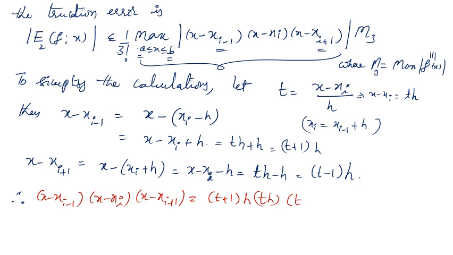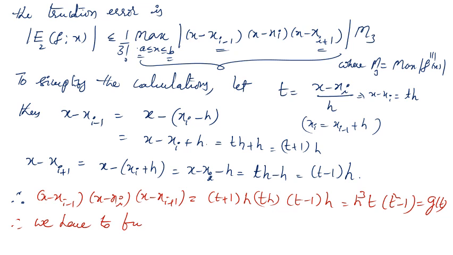Next is t minus 1 into h. So totally h cube into t square minus 1, t into t square minus 1. Let this function be a function of t, g of t. Therefore we have to find the maximum of the g of t function.